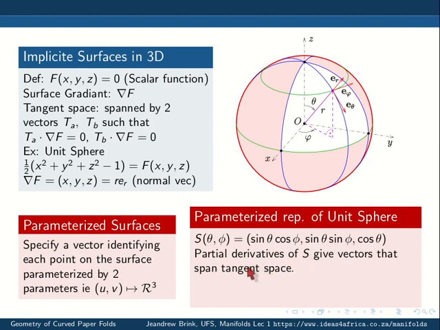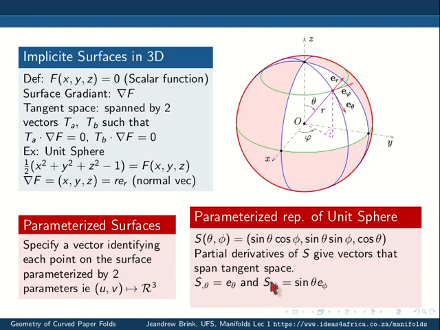If we do the partial derivative with respect to phi, it is sine theta times e phi. E phi is the vector that points at 90 degrees to the radius. That vector is minus sine phi, cos phi.